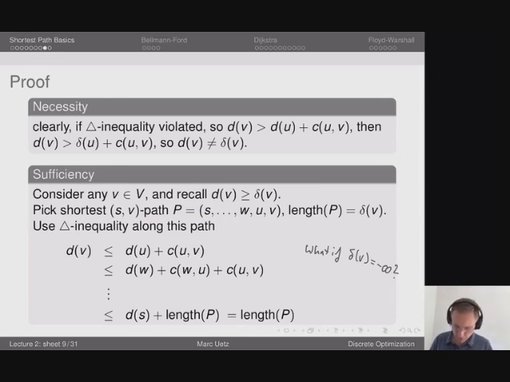So essentially what we would get is that the length of P can be made arbitrarily small. Think of this as minus infinity. And then we also get that d of V is equal to minus infinity, and that is also the true value, the correct value. Okay.